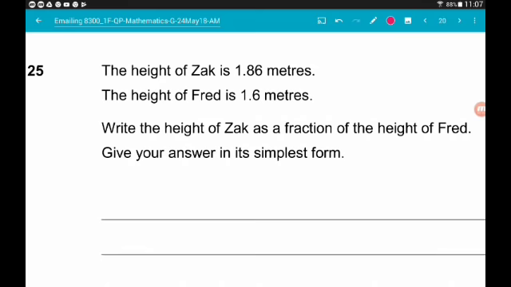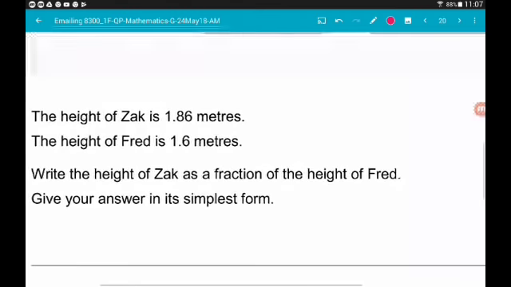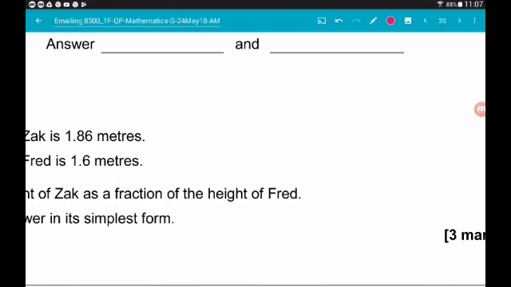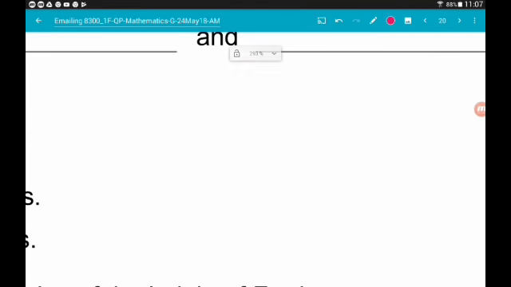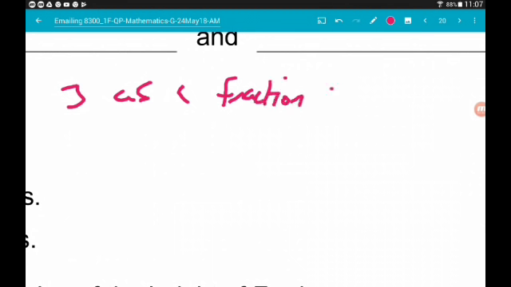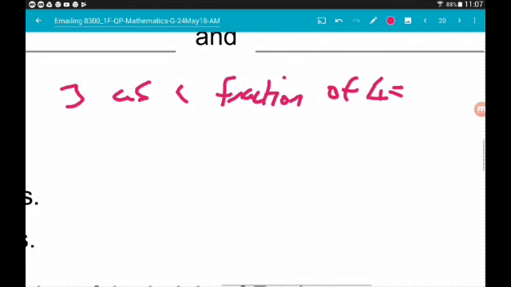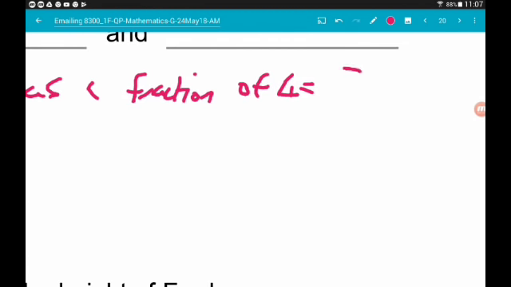So a little bit of a side note here, because I know this sort of language causes confusion. So 3 as a fraction of 4 would be 3 on top, 4 on the bottom. So that is 3 as a fraction of 4.